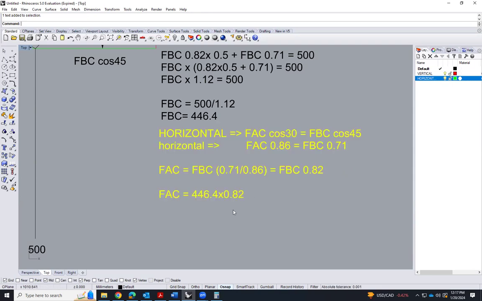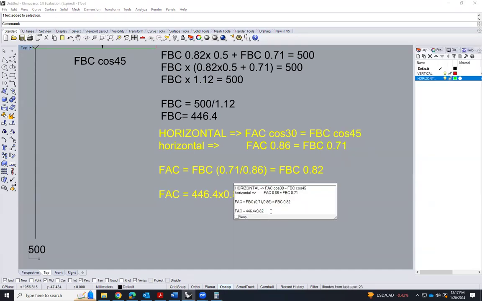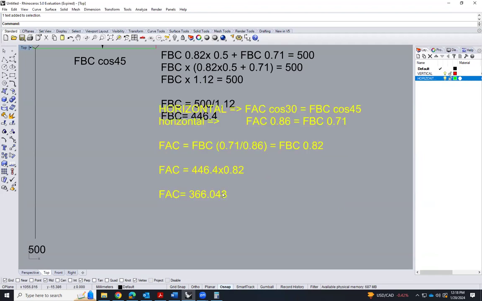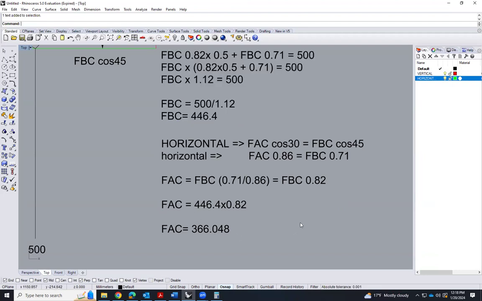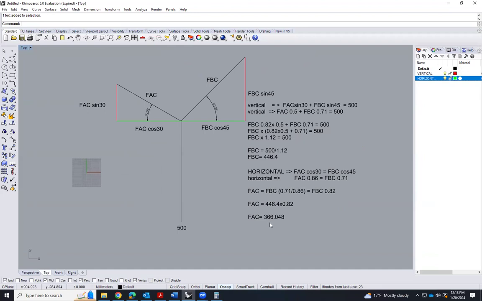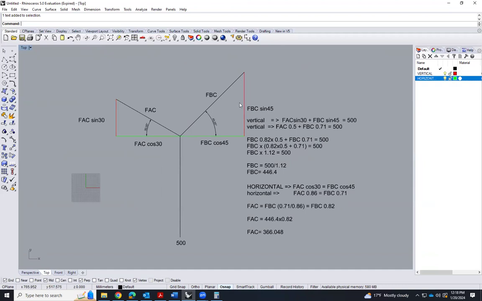If I solve this, 446.4 times 0.82, that is 366 point something. Okay, so with this I have FAC and FBC. So this line is 366, FAC, sorry, this one, and FBC is 446.